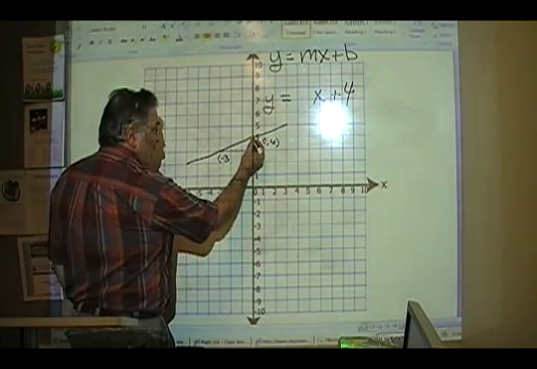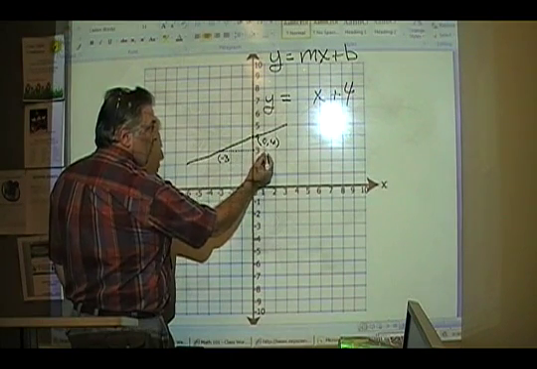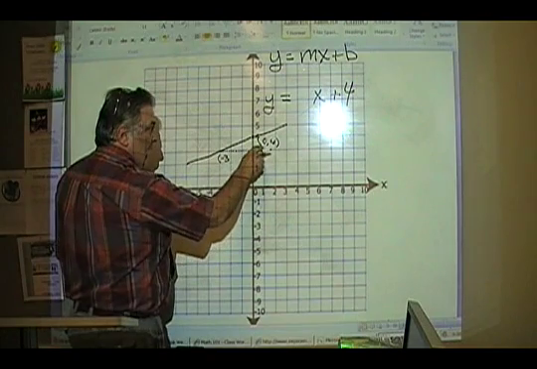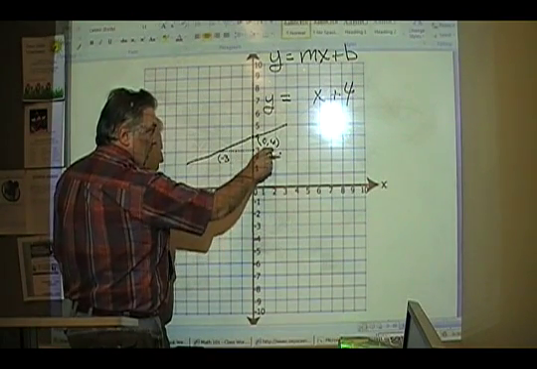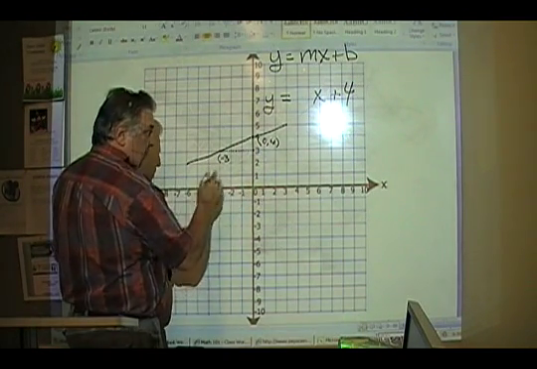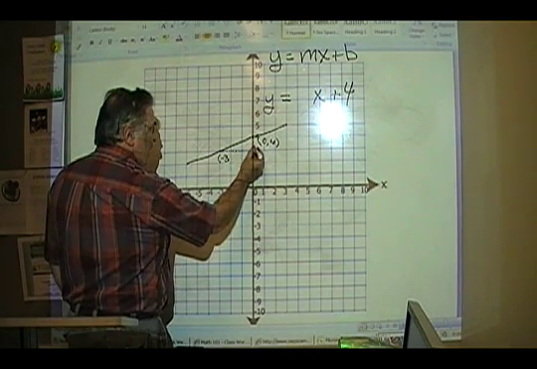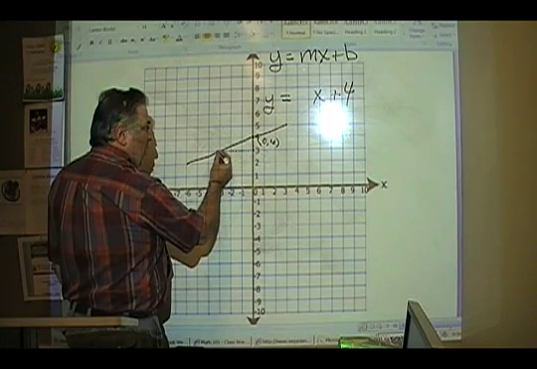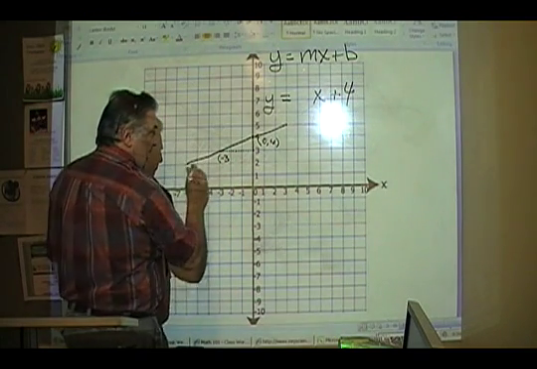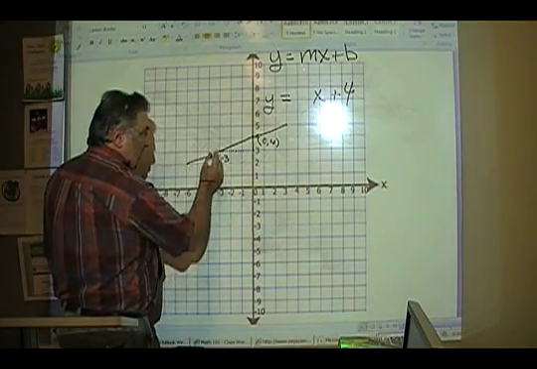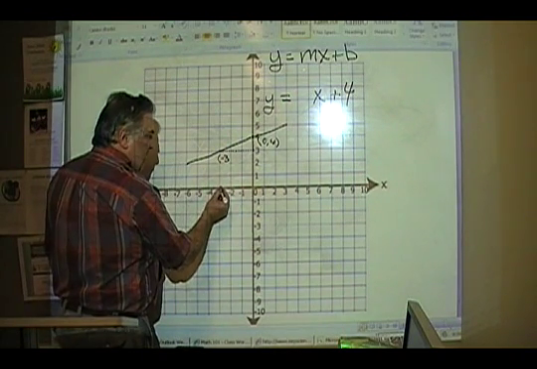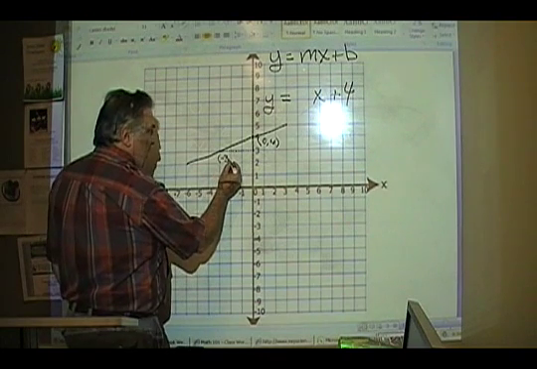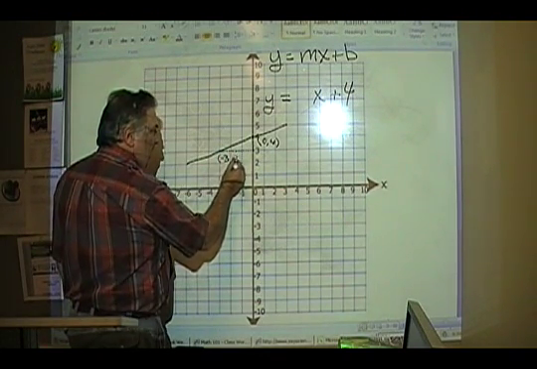I started by using the y-intercept as my first point. The y-intercept is where it crosses the y-axis, so x is 0, and y in that case is 4. Then I came down one step to 3, and then I went over until I came back to the line again. I crossed the line at x equals -3, so here x is -3 and y is 3.